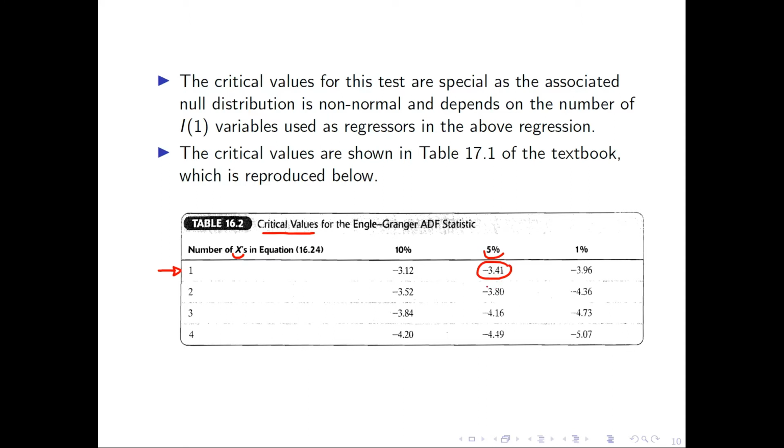And if the statistic is more negative than this critical value, you would reject the null hypothesis of non-stationarity. And if you reject the null hypothesis, then you have a stationary difference, which means that the zt variable is stationary, and you can work with this variable.